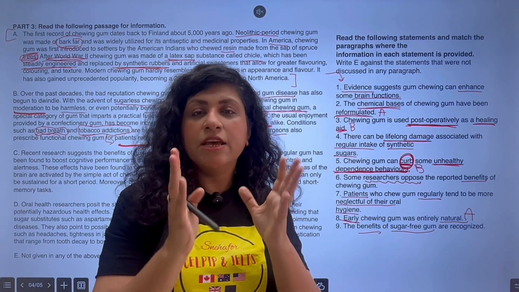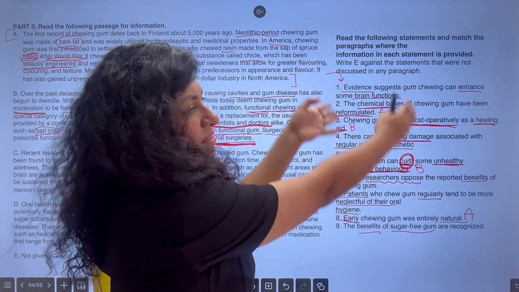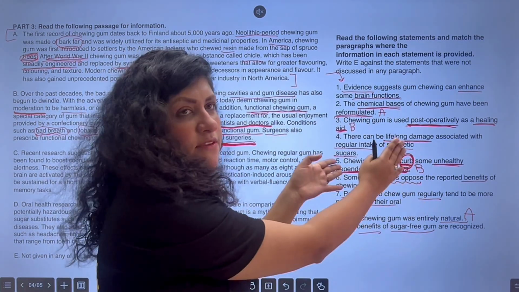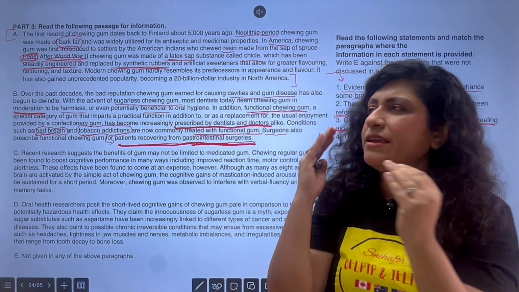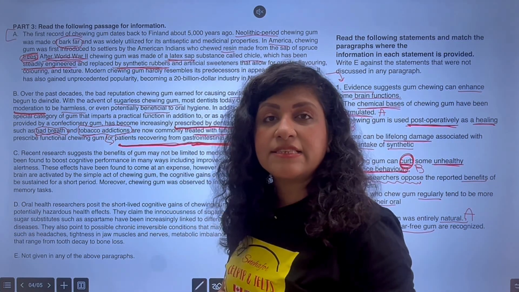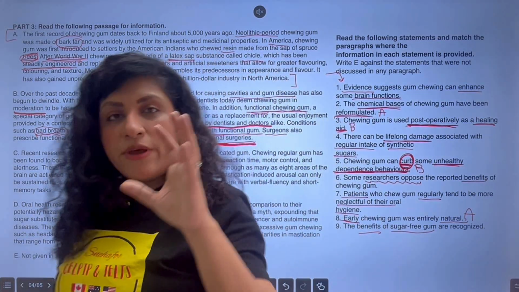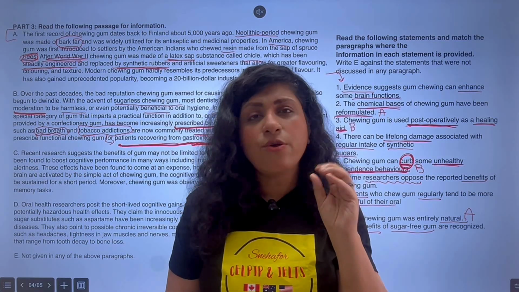This means that you have to see whether the statement given in the question completely is in agreement with what a certain paragraph says. If you're able to find only certain keywords, then that is not going to be the answer.